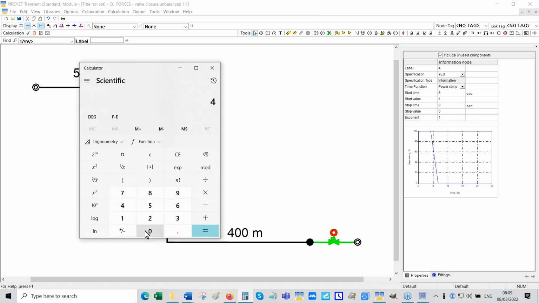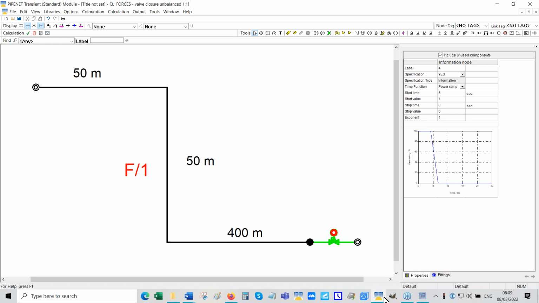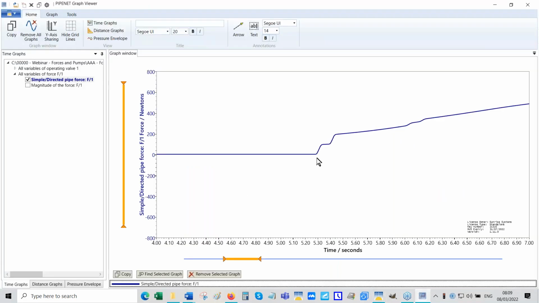So if it's 400 divided by 1380, it's about 0.3 seconds approximately. See, that's what we're seeing. So the force starts to increase when the pressure surge reaches that point.